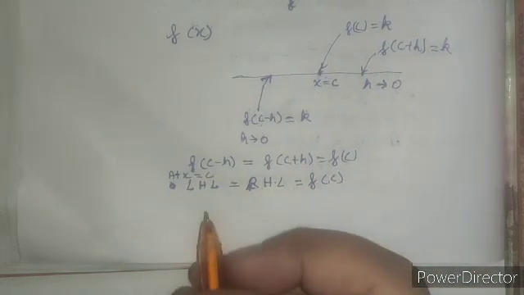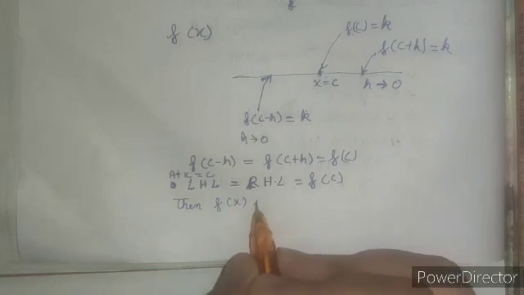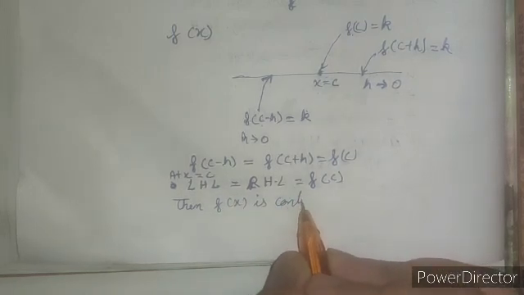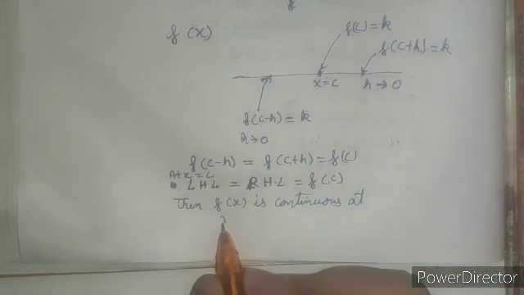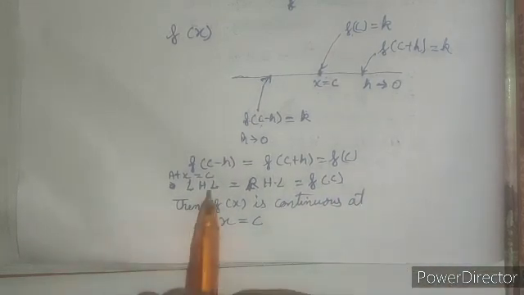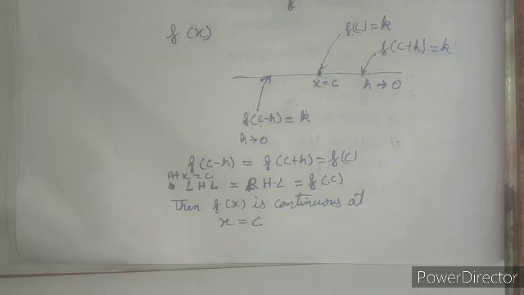If all are equal, then we can say that f(x) is continuous at x equal to c, and if any of these values are not equal, then we will say that the function is discontinuous at x equal to c.